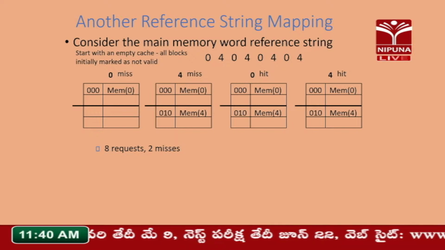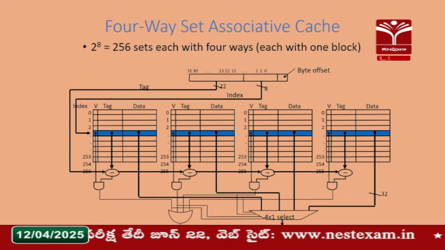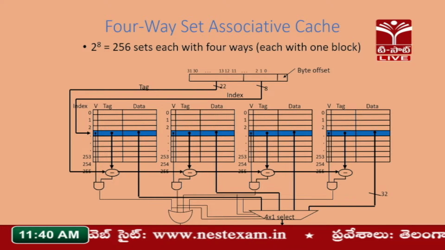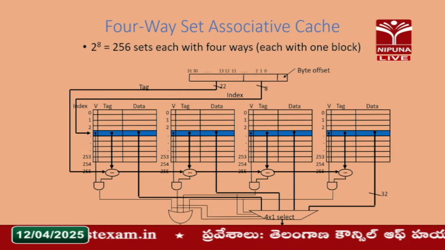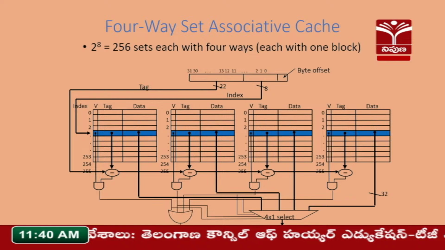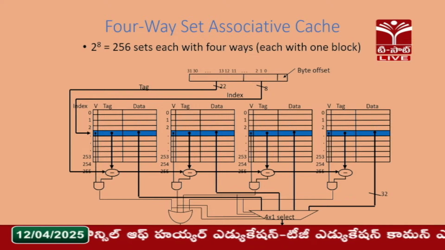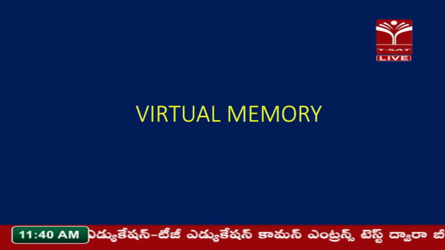So in this case you only have 2 misses, but every other access is a hit. Okay. So this is a 4-way set associative. As I mentioned, when you bring in 0, it's going to the first bank. When you bring in 4, you're bringing it to the second bank. So the 2 banks are always operating in parallel, and then you can access those 2 without any issue for the subsequent CPU requests.